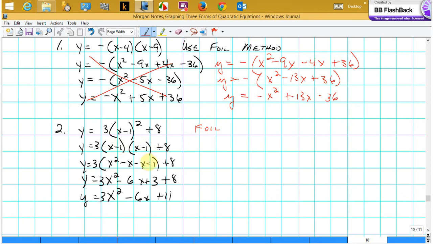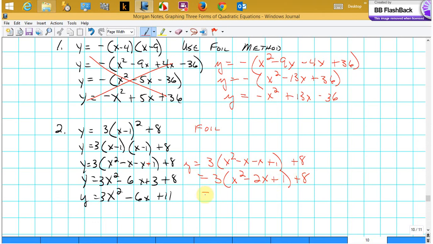I'm making all sorts of mistakes whenever I wrote these notes up. So what we would have is 3 times x squared minus x plus 1 plus 8. That would be equal to 3 times x squared minus 2x plus 1 plus 8.